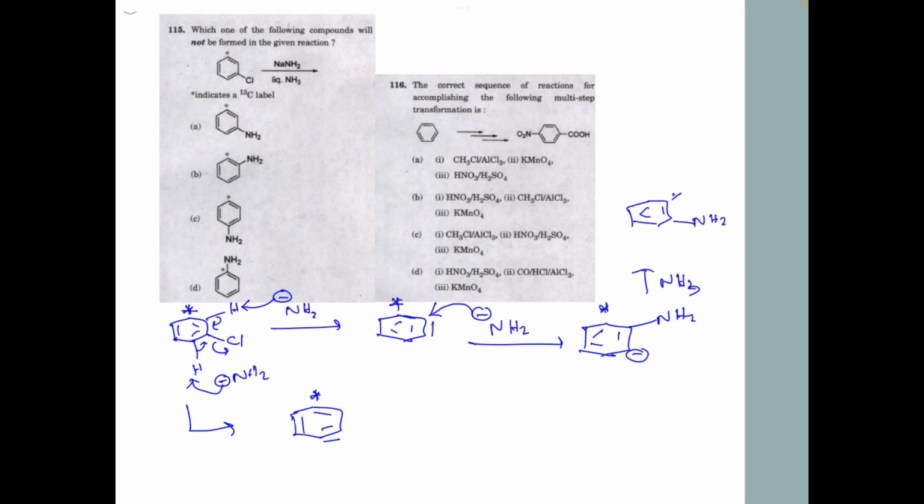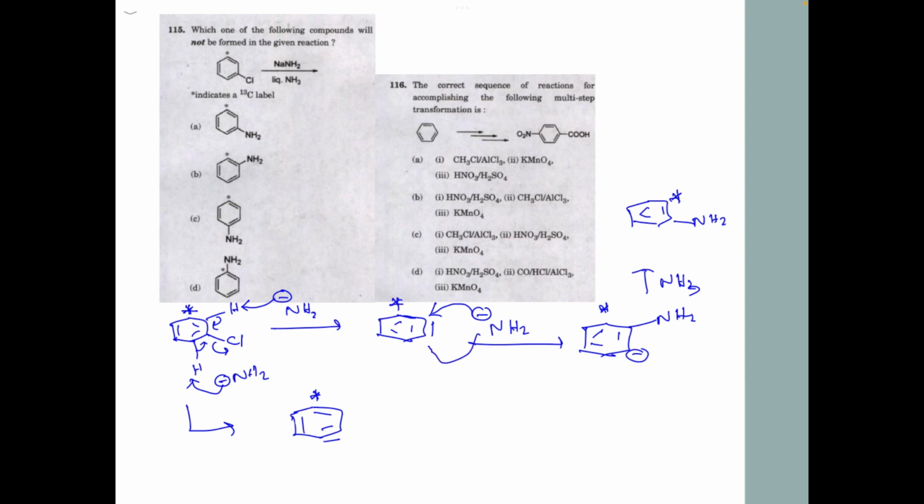Now addition of the nucleophile will take place. It can attack here, and we will have this one as product. When this intermediate reacts with ammonia, we will have the corresponding aniline product.